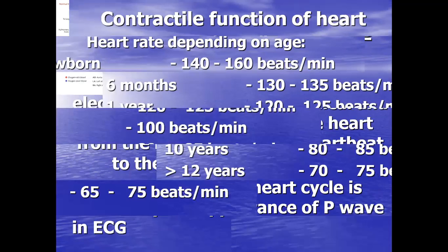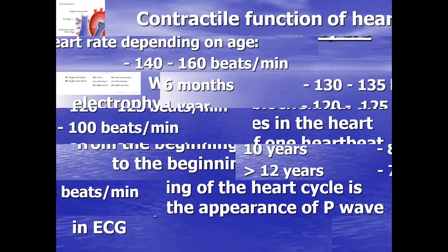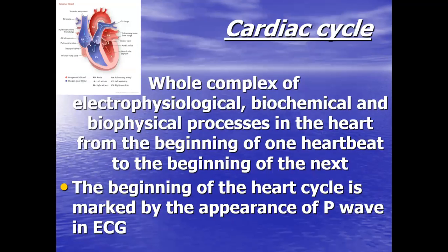The next thing we have to speak about is the cardiac cycle. The cardiac cycle is a whole complex of electrophysiological, biochemical and biophysical processes in the heart from the beginning of one heartbeat to the beginning of the next.